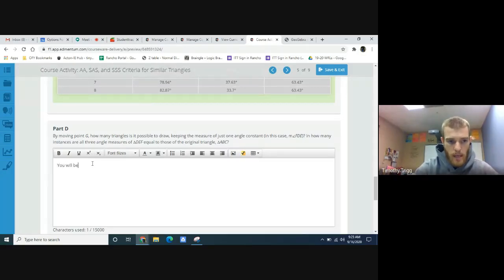You will be able to produce infinitely many different triangles with different angles.